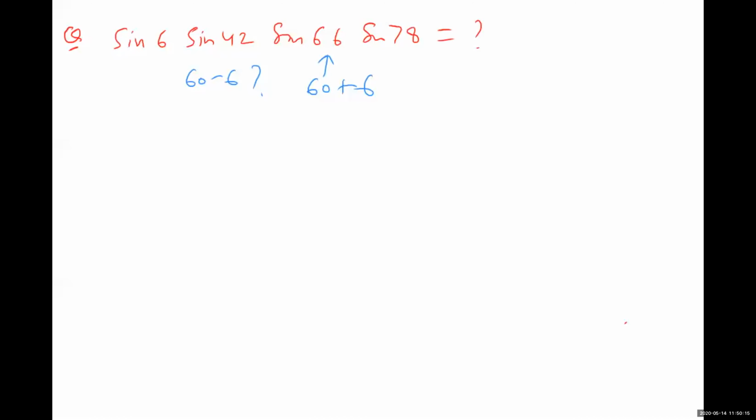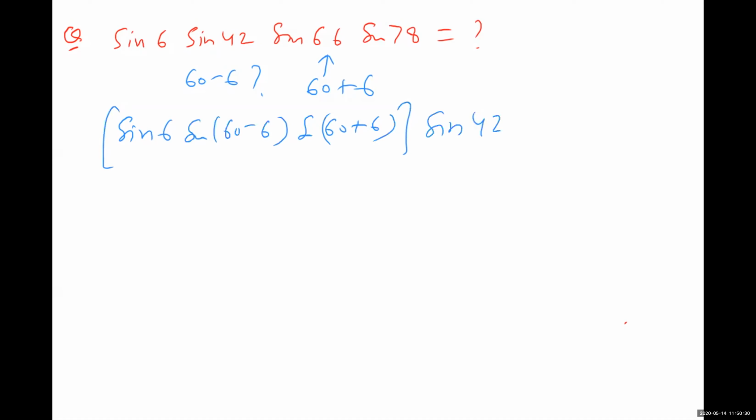So what I will do: sine 6, sine 60 minus 6, sine 60 plus 6, into sine 42, sine 78 upon sine 54. I have multiplied by sine 54 and divided by sine 54, multiply and divide.